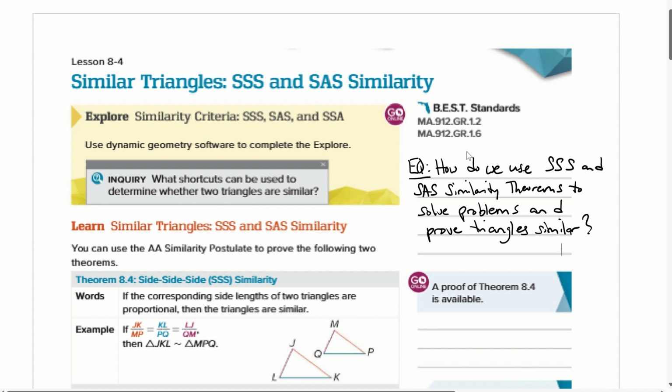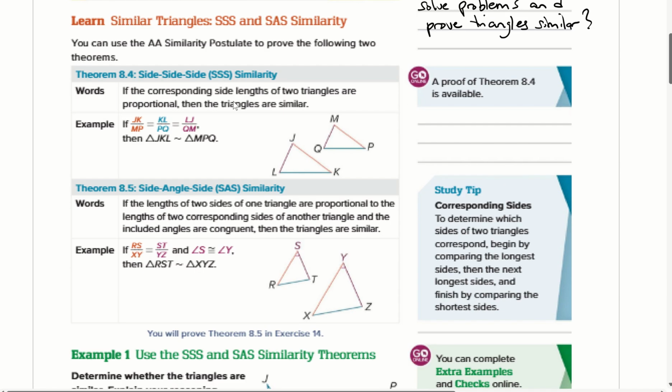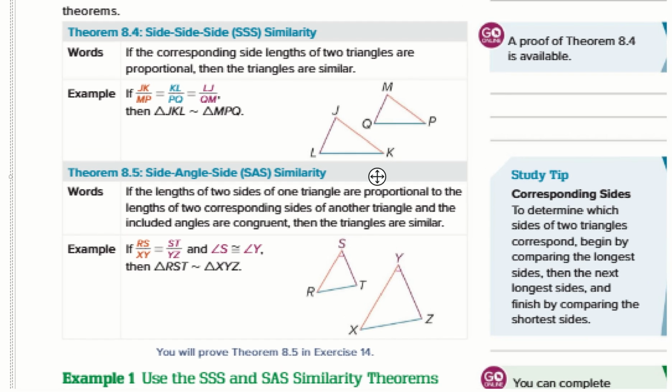So last time we talked about AA similarity, and now we're going to talk about these other two, SSS and SAS. So how does it work? For theorem 8.4, SSS similarity, for it to work, we have to have that all three sides are proportional.